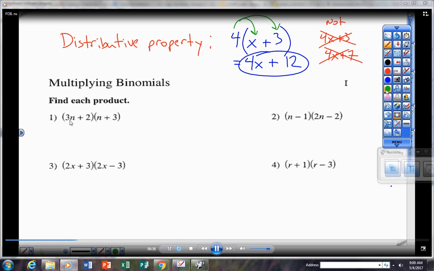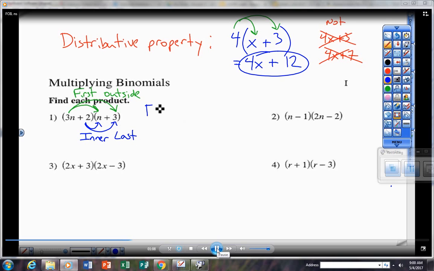I need to times that first term times the n and then times that first term again all the way down times that 3. This first multiplication, we call that the first one, and then the outside times. And then this next one, when you take this 2, this is the inside multiply, and then all the way through the outside, or the last term.